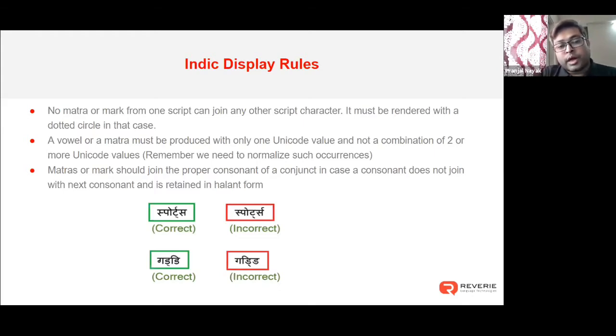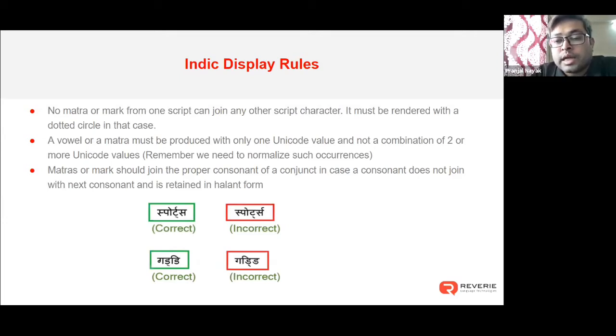A vowel or a matra must be produced with only one Unicode value and not a combination of two or more Unicode values. This is the example which we had used in our last session, right? You remember the normalization examples, where we had used home as an example where the O was written with an A and a matra. All such cases we normalize.